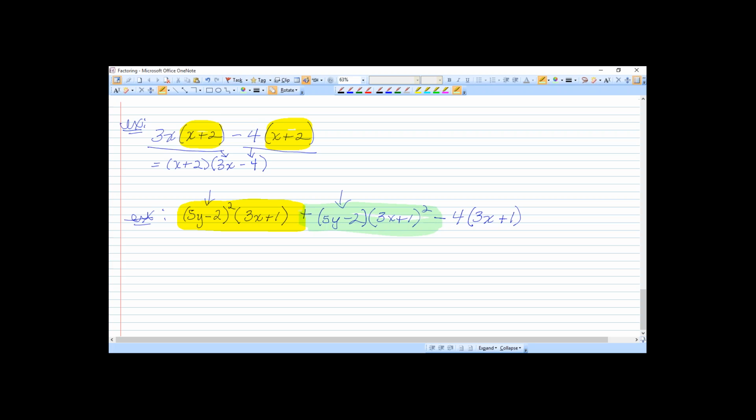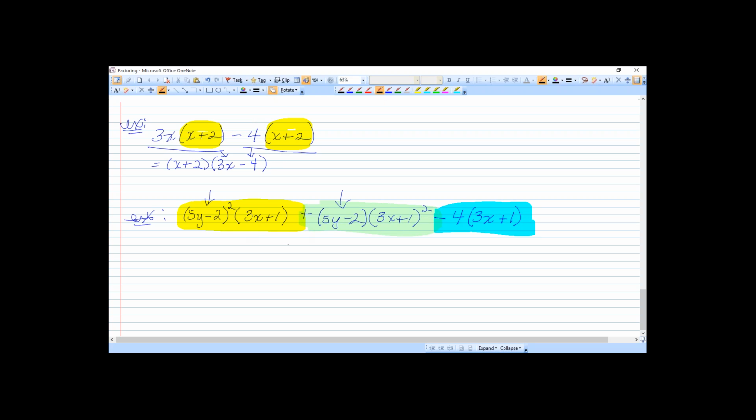And finally, the third term of this one is here. It's negative 4 times (3x plus 1). Okay, so the question is, is there a 5y minus 2 that's common to all three terms? No, right? So we cannot factor that out.